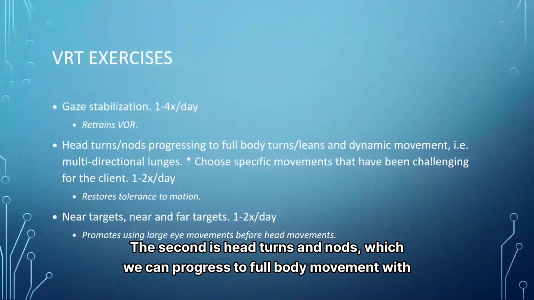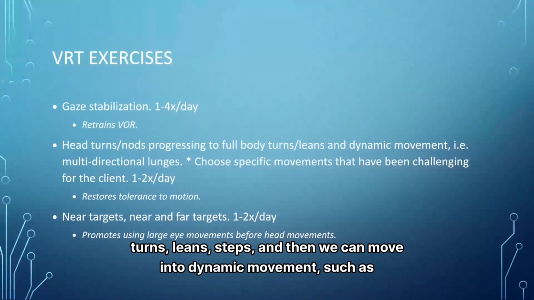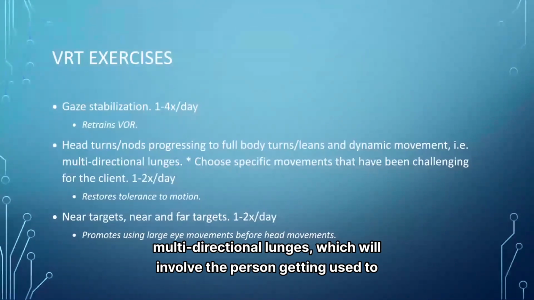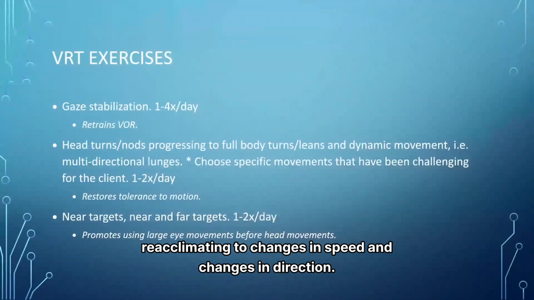The second is head turns and nods, which we can progress to full body movement with turns, leans, steps, and then we can move into dynamic movement, such as multi-directional lunges, which will involve the person getting used to reacclimating to changes in speed and changes in direction.